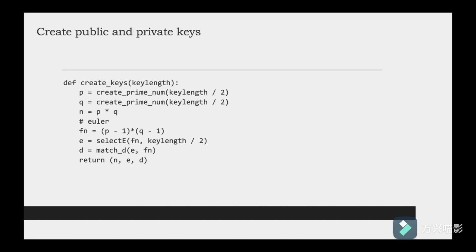So the next function here is to generate the keys, which will generate the E and D, which are the public key and the private key. Just like what we mentioned above, the key length shouldn't be too long, so it is half of our key length, divided by 2.